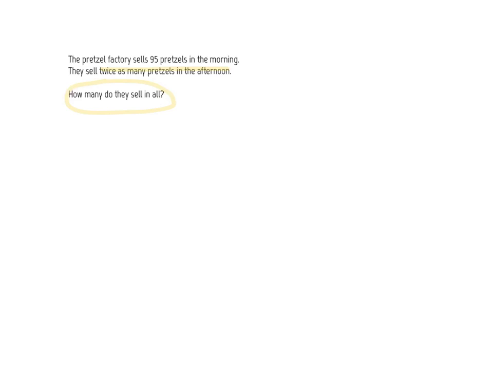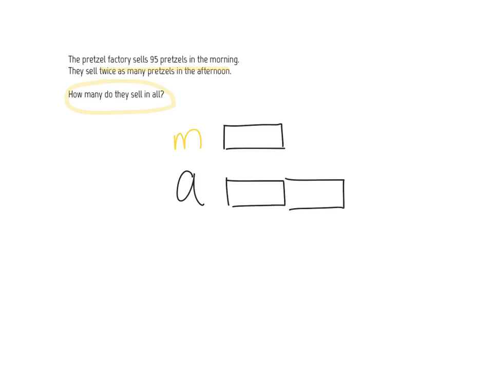So if we have our morning number, it's in black, and we have our afternoon, okay, we know that the morning is 1 unit and the afternoon is twice as many, so that means we draw 2 units. We know that each unit is 95 pretzels because we made all of those units the same. And this time we want to know how many they sell in all.